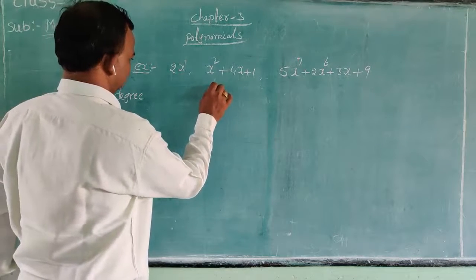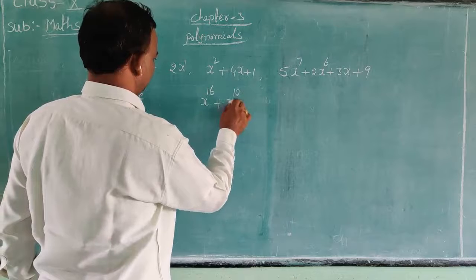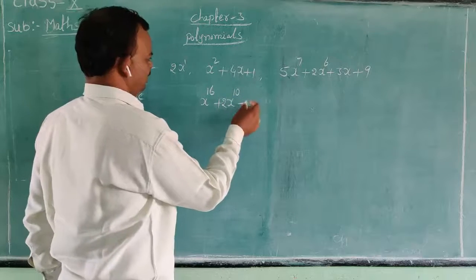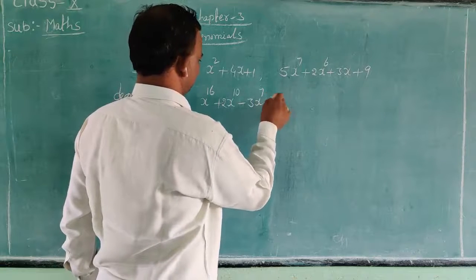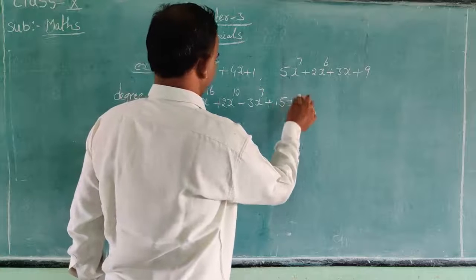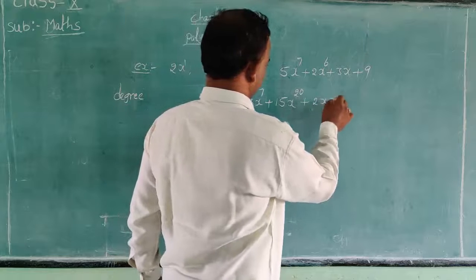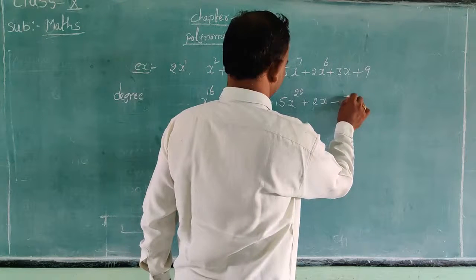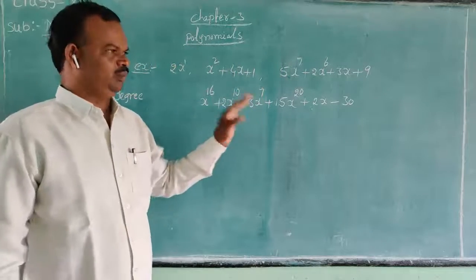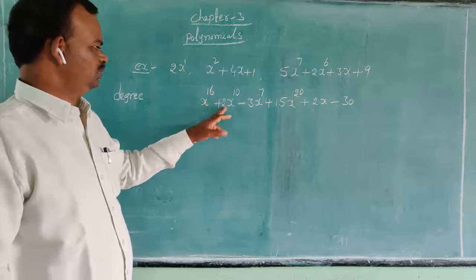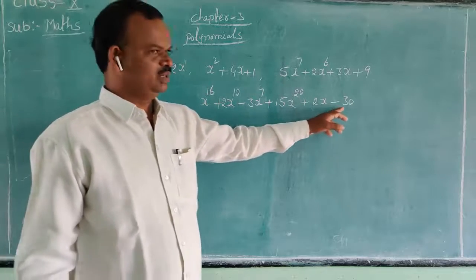The polynomial x power 16 plus 2x power 10 minus 3x power 7 plus 15x power 20 plus 2x minus 30.